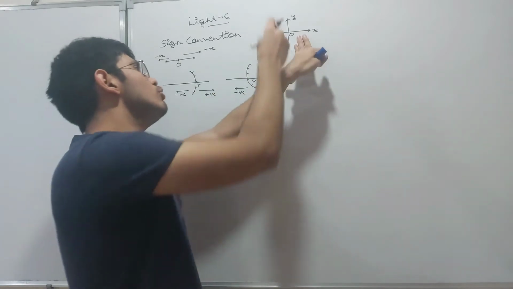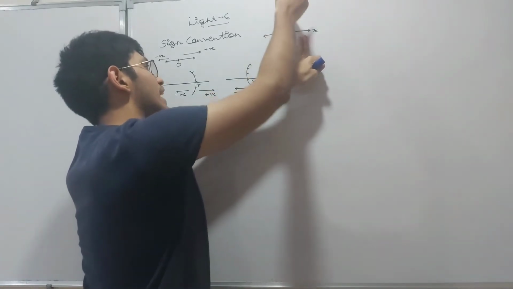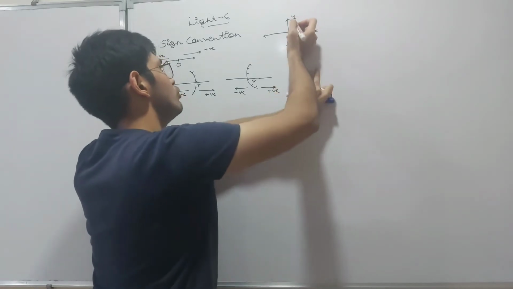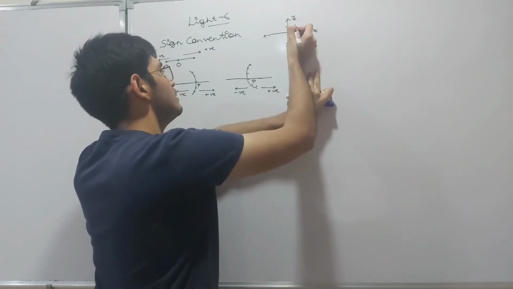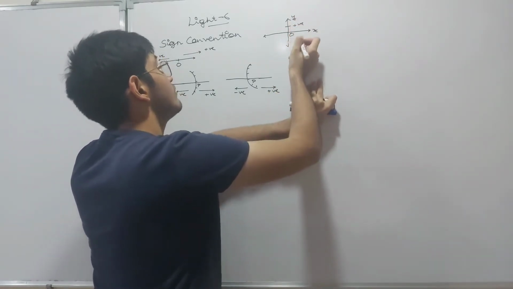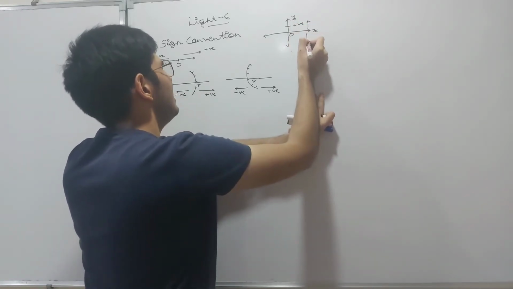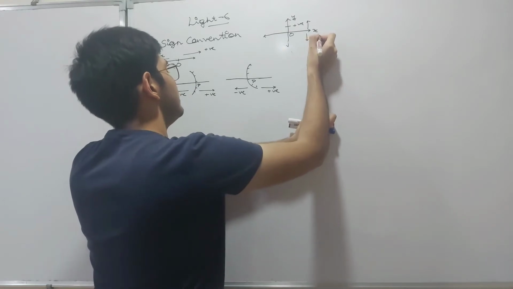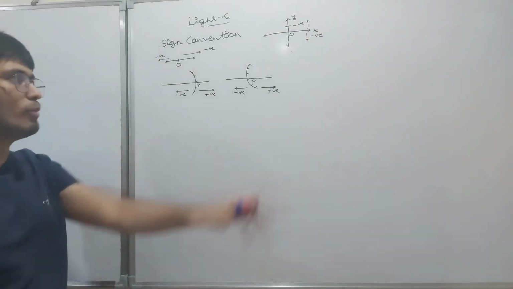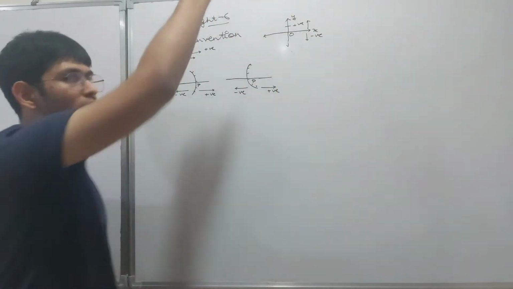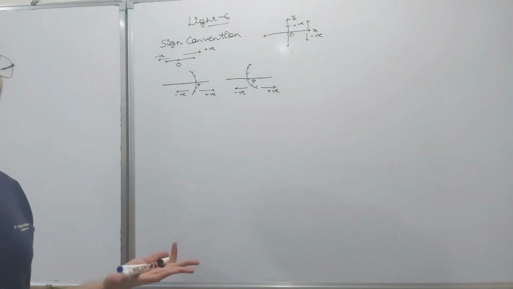Now when we move in the upward direction, suppose we are moving over here, then the value of y that we are going to get is positive, and if we are moving in the downward direction, then the value is negative.